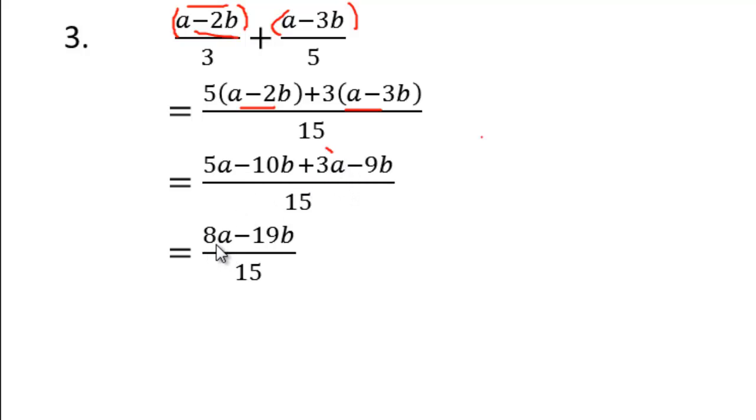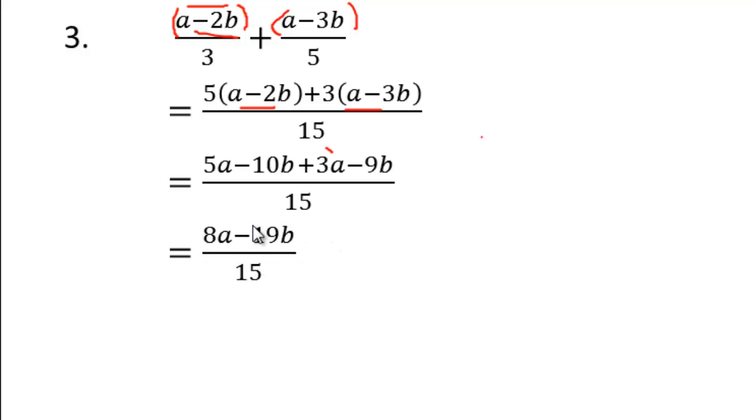Minus 10b means you have a debt of 10b, and you still have a debt of 9b. So if you add all your debts together, you have a debt of 19b, which is minus 19b divided by 15. Are you seeing it now? Can you still simplify these things? I think you cannot simplify it because there is nothing common here.